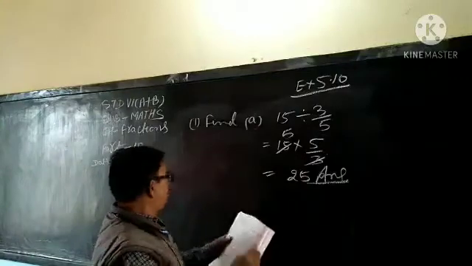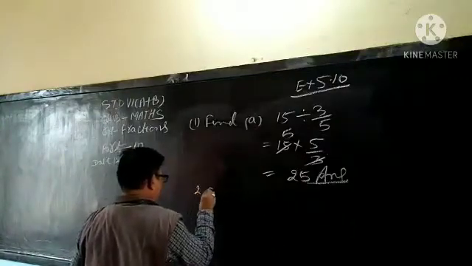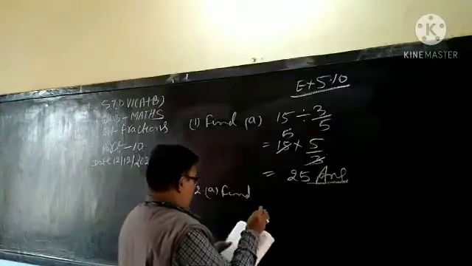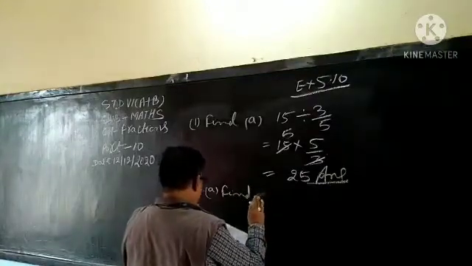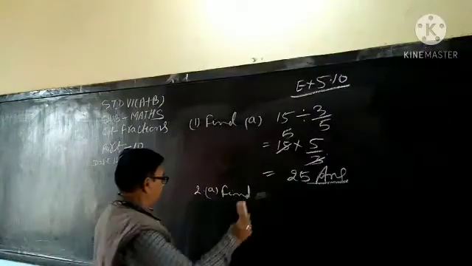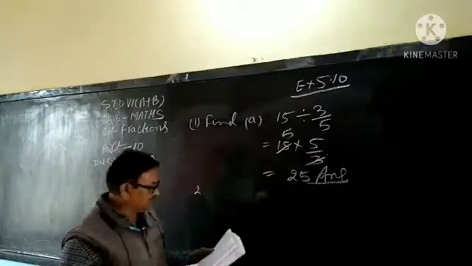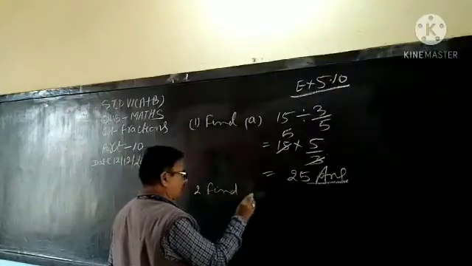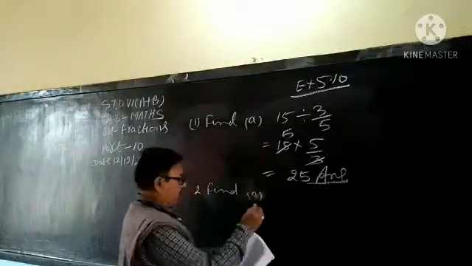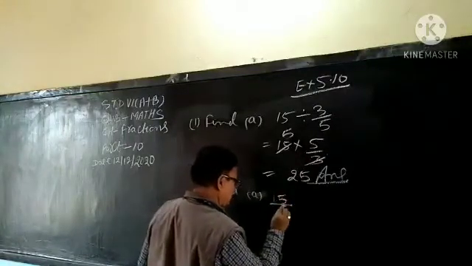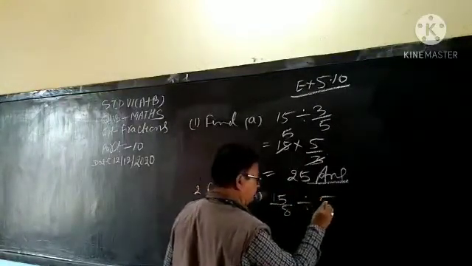First I have done. Second, find A. It is 15 by 8 divided by 5.